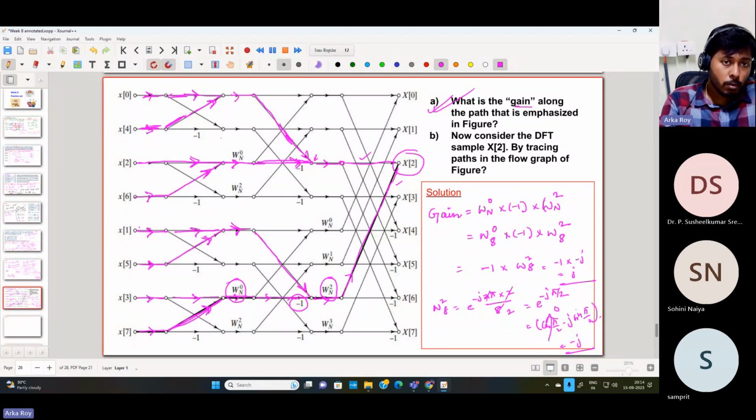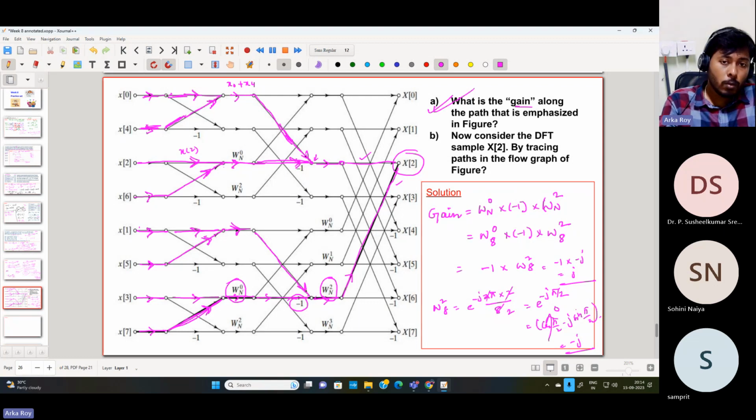Then you can just do it by yourself also. For example, it would be x0, then x0 is coming from here, so x0 plus x4. So here it is x0 plus x4, then x0 plus x4 is again going as it is. Then over here, x2 is coming at this position, x6 is coming at this position. So x2 plus x6 multiplied with W naught n.